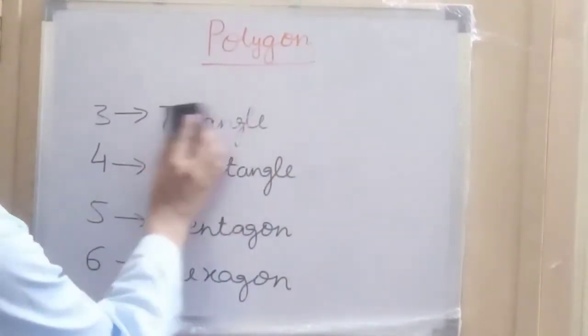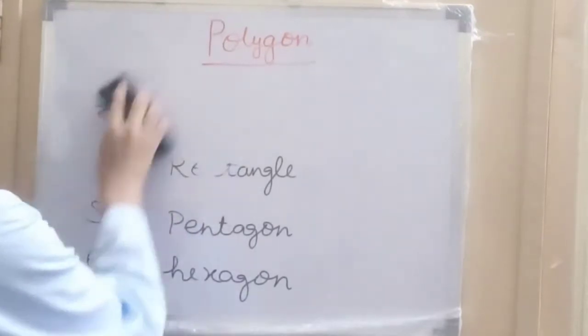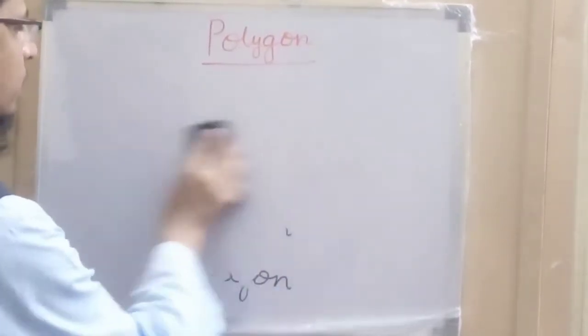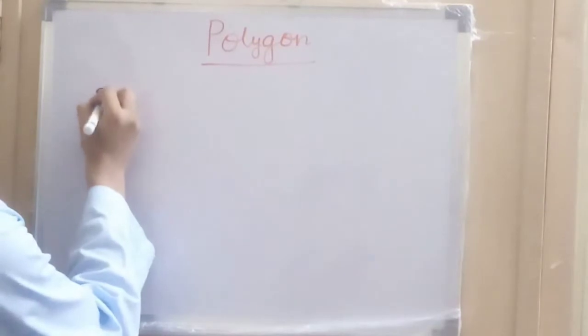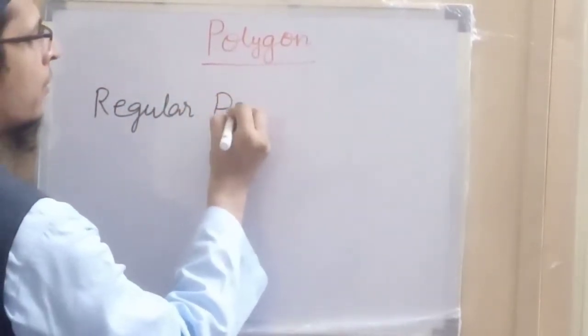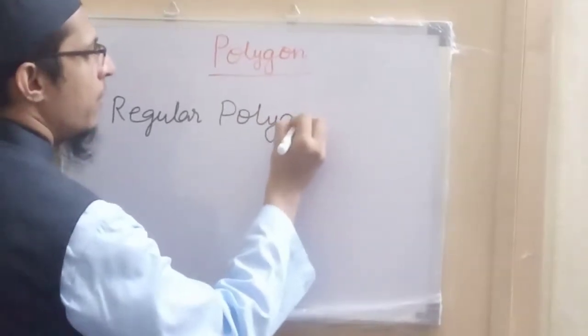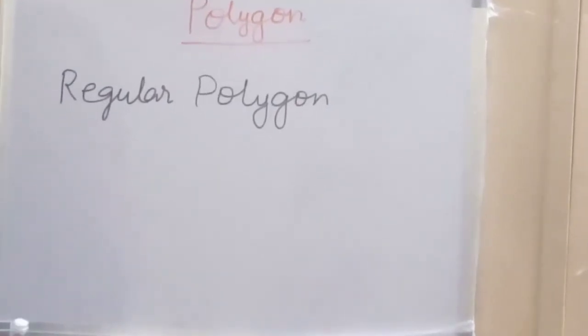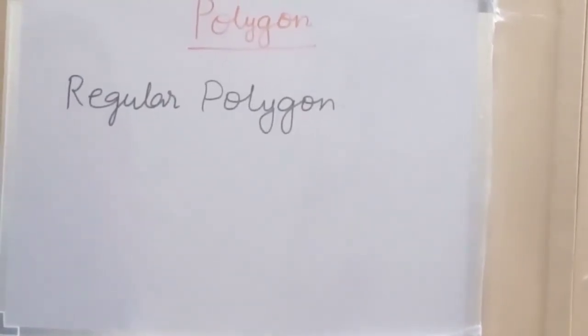Then comes the concept of regular polygon. What is a regular polygon? By regular polygon we mean that all the sides are equal. When all the sides are equal, the angles will also be equal.